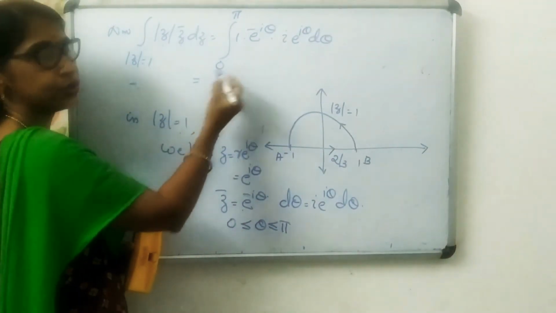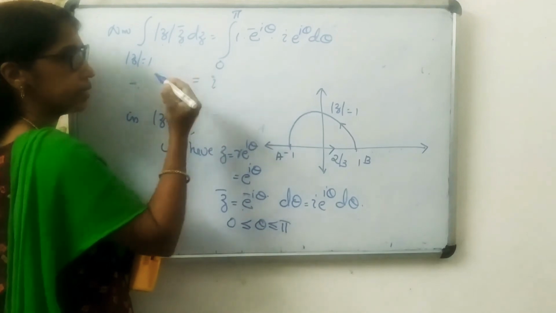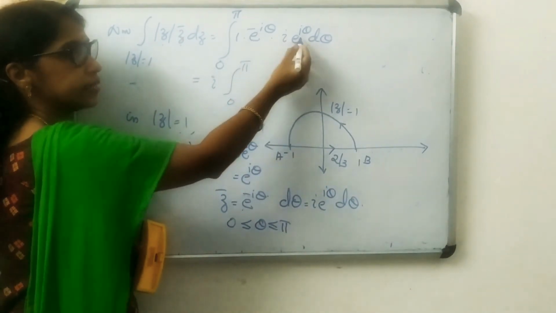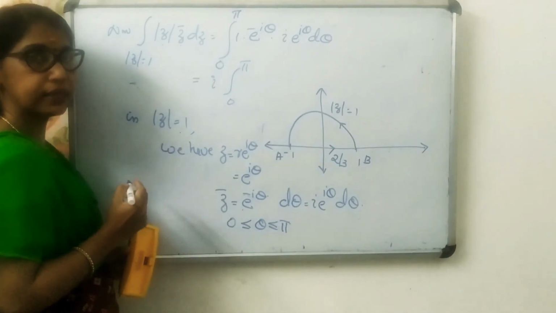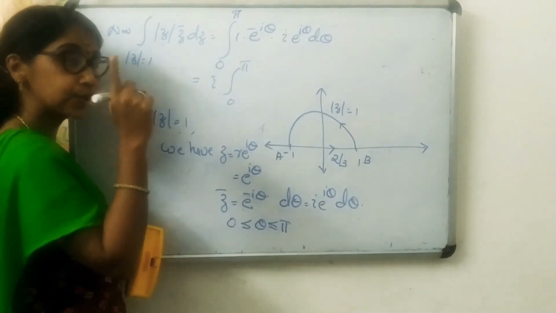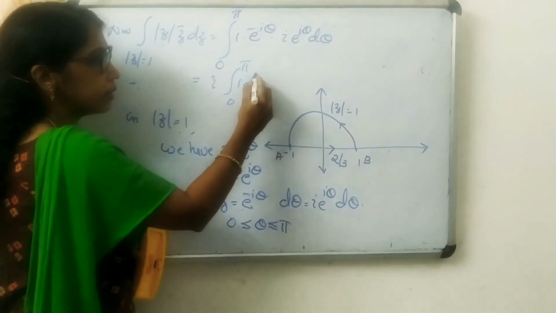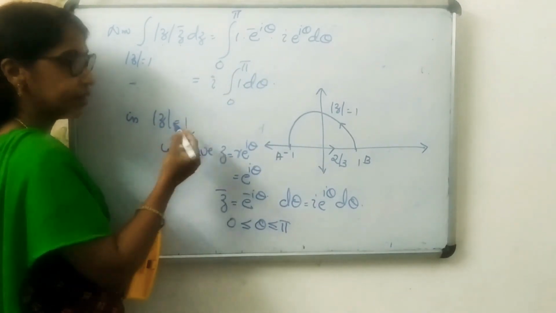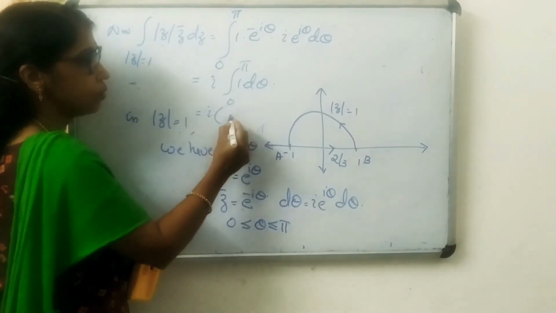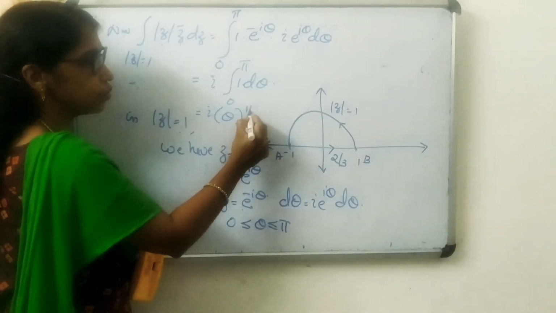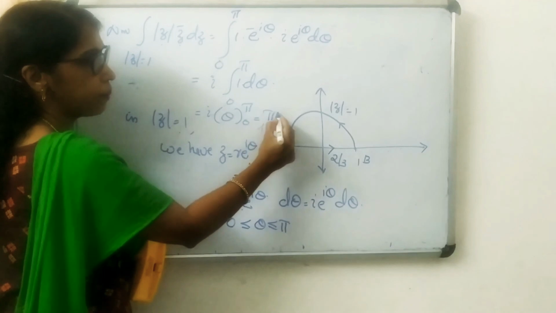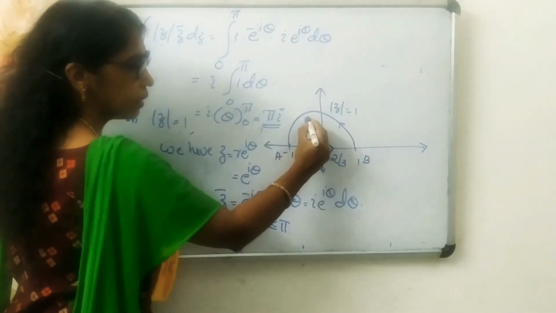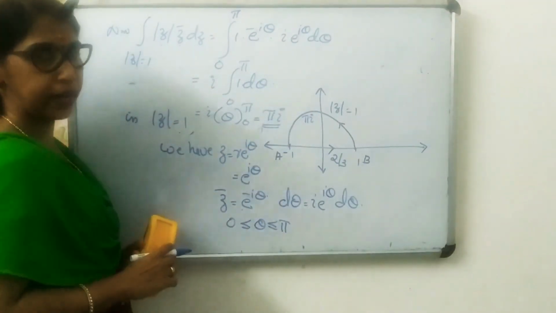I is a constant, taking it outside, the integral from 0 to pi of e raised to minus I theta into e raised to I theta, that is e raised to 0. E raised to 0 is 1. So 1 d theta. The integral is theta. So I into theta within the limit 0 to pi is equal to pi I. So this integral value is pi I.